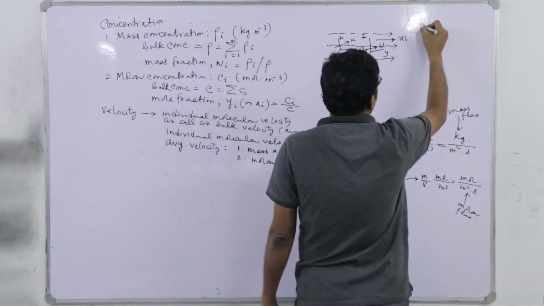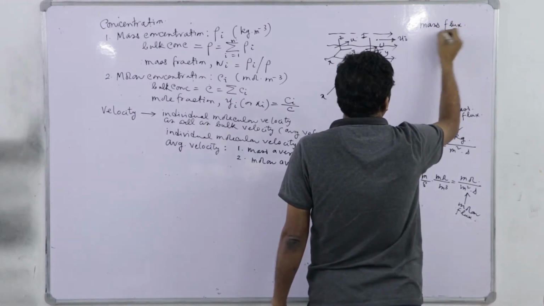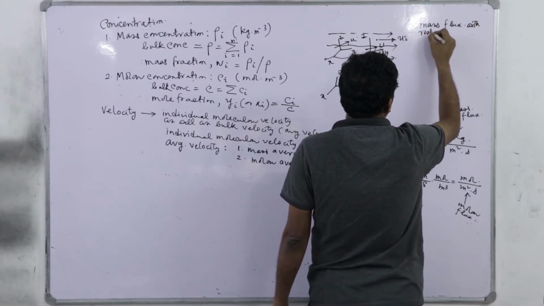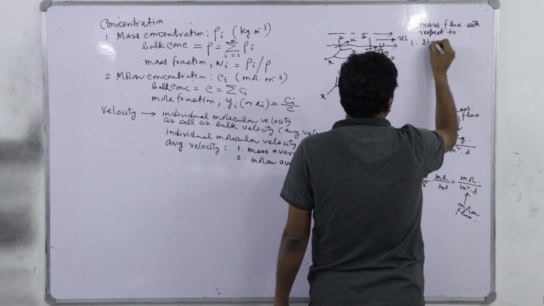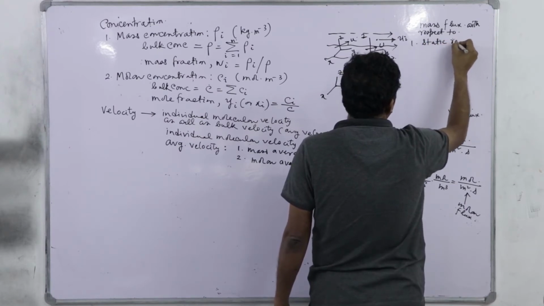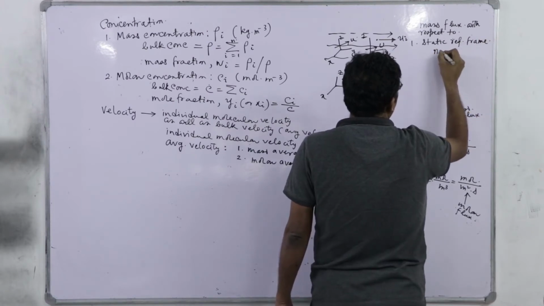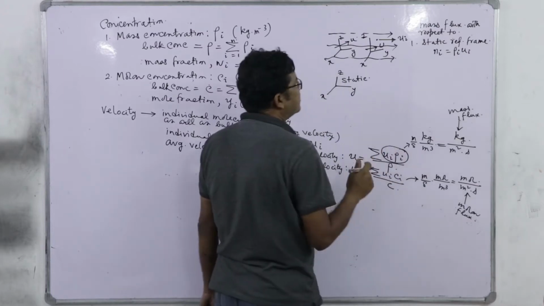So, we represent the mass flux with respect to, number 1, a static reference frame. So, we get Ni equal to rho i ui, what I have written previously here.